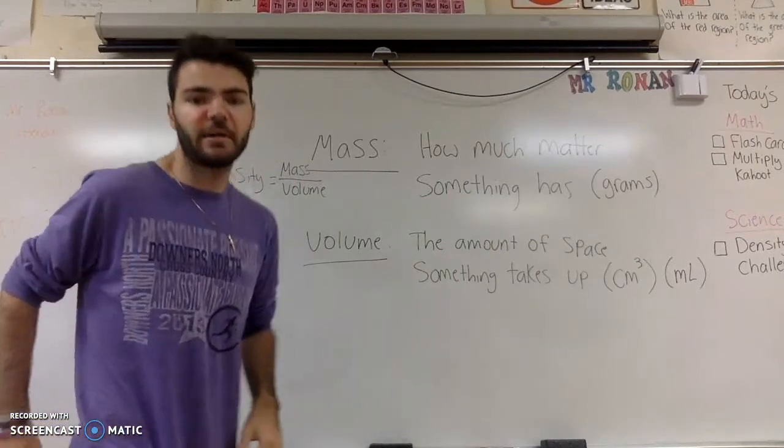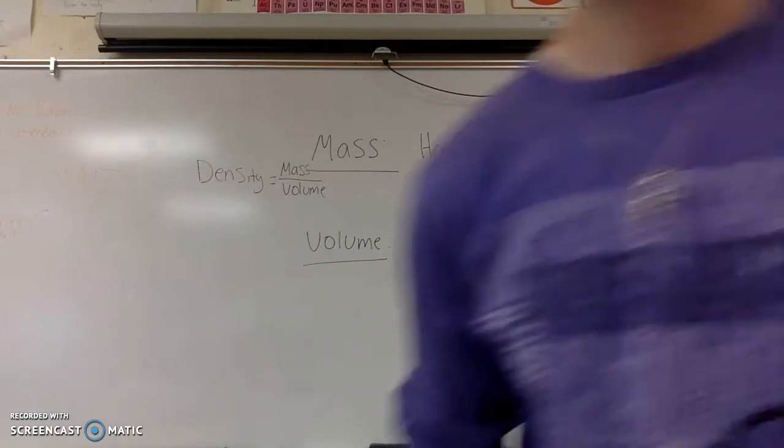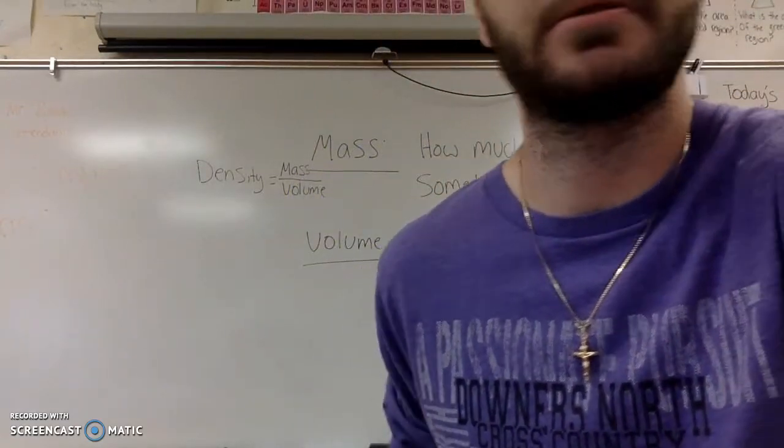Now I'm going to come back here. Let's keep these things in mind because we're going to go through an example together. And the example we're going to go through is we want to find the density of a marble. Okay, pretty straightforward, common object. Now I'm going to get my scale ready, make sure we have everything.